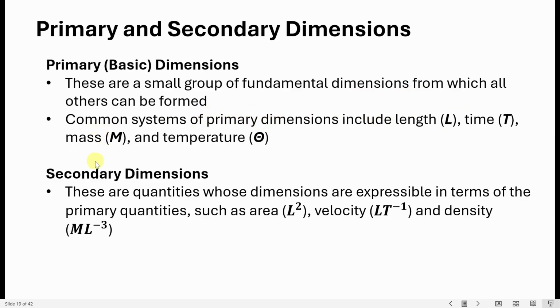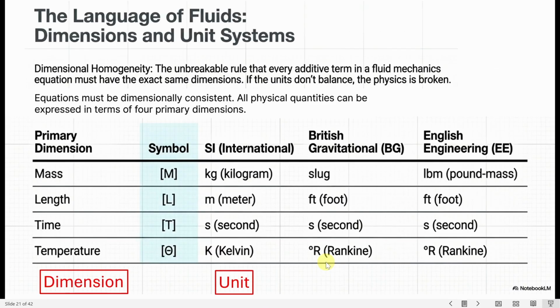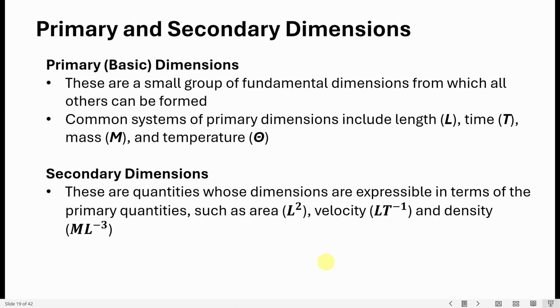Then you have secondary dimensions, which are quantities whose dimensions are expressed in terms of the primary quantities, such as area. For example, the unit for area in the SI system is meter square.